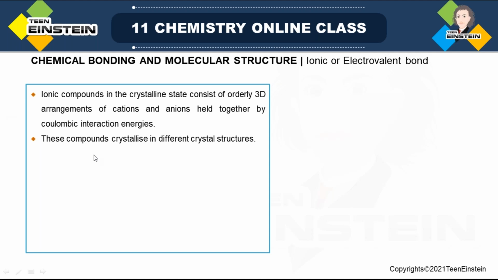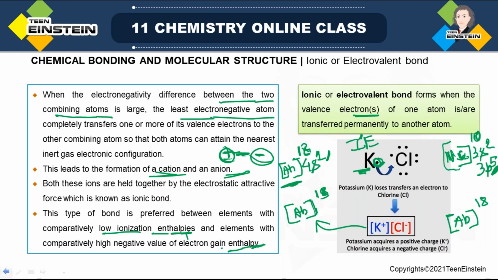Any compound in the crystalline state has an ordered, that is three-dimensional, arrangement of these cations and anions, because in the previous slide we have seen the formation of cation and anion.